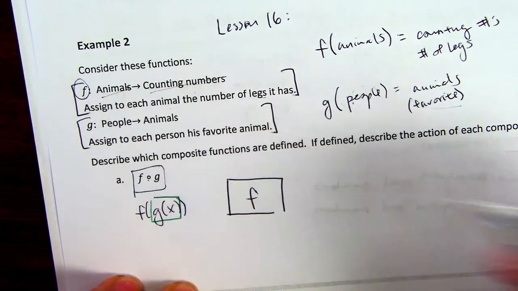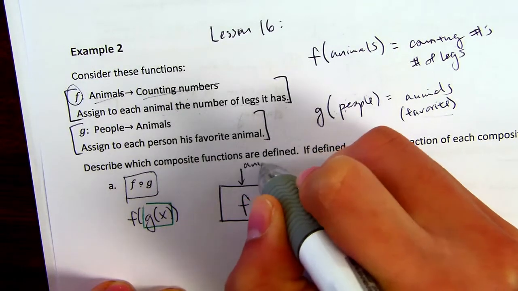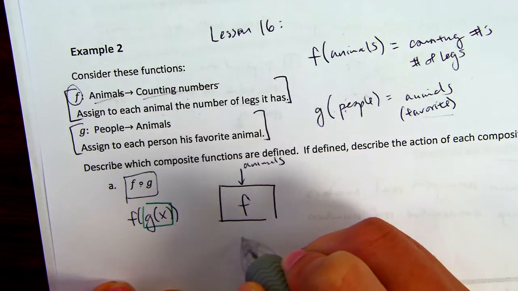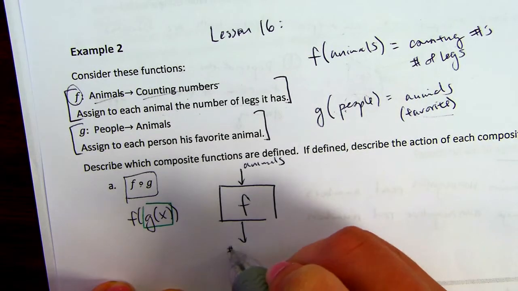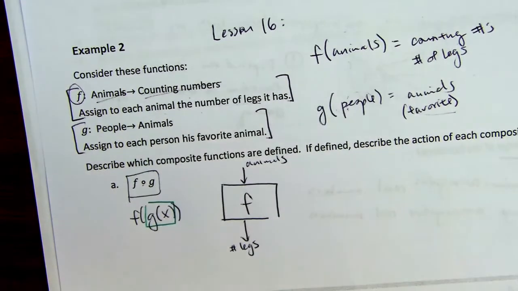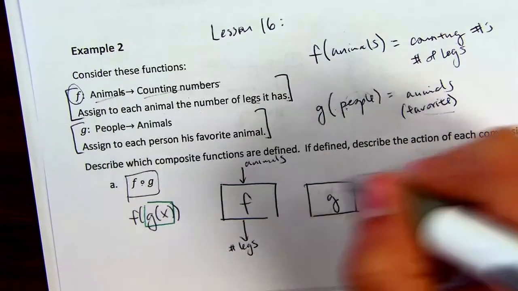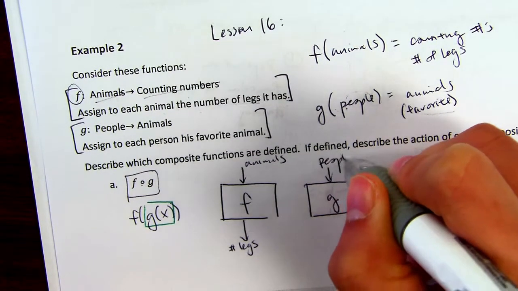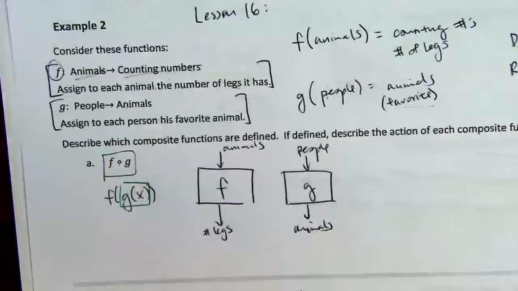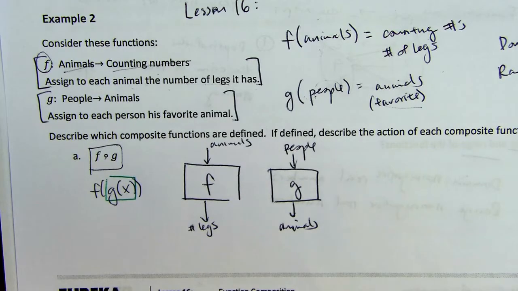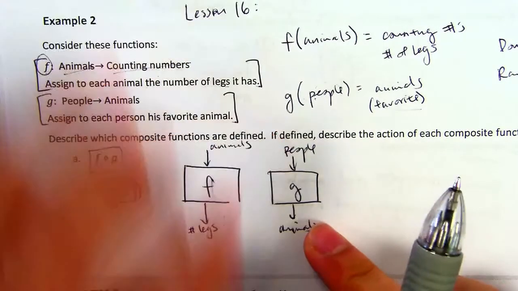Here's our box for function f, and we want to input animals. From f we get back out number of legs. And from g, we input people, and we get back out animals. When we do function compositions, we're basically plugging one of these boxes up to another of these boxes.